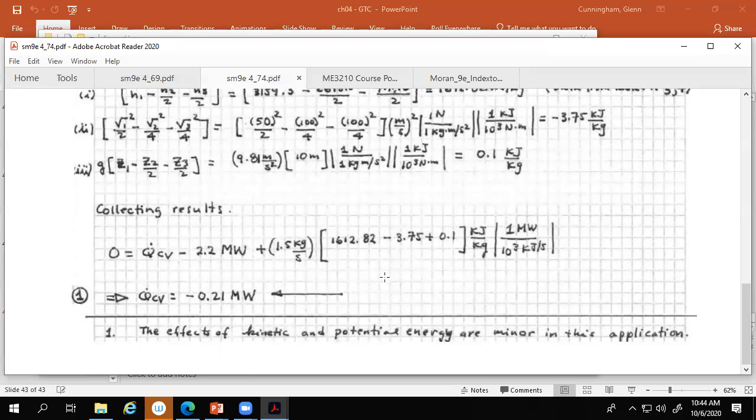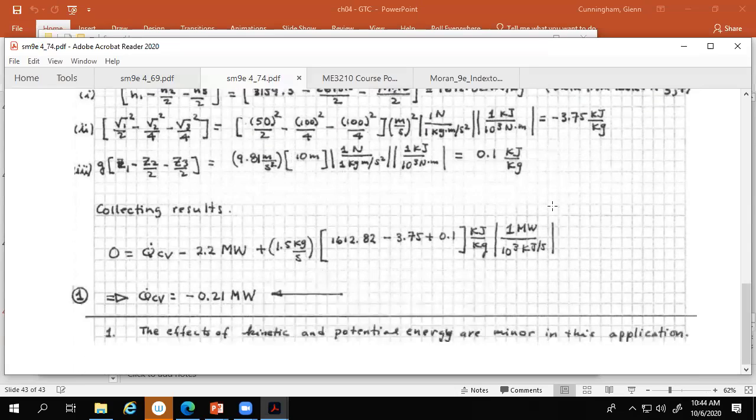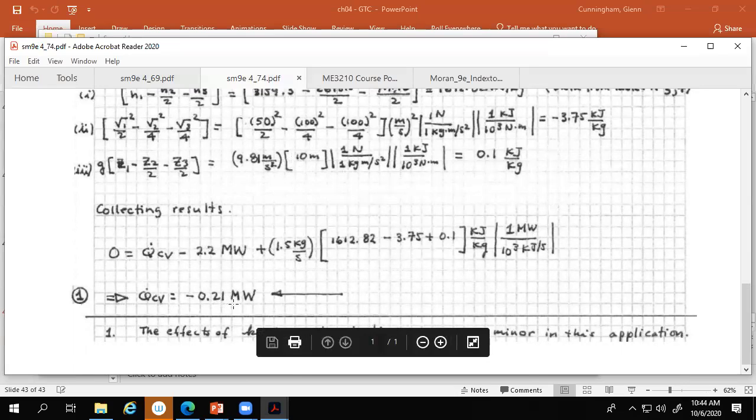The effects of kinetic and potential energy are minor in this application. Well, the heat transfer is more minor than the kinetic energy term, but anyway. Well, no, probably not. That's right. This is kilojoules and this is megajoules, so that's 210 kilojoules. So the heat transfer term is bigger than these two by far.